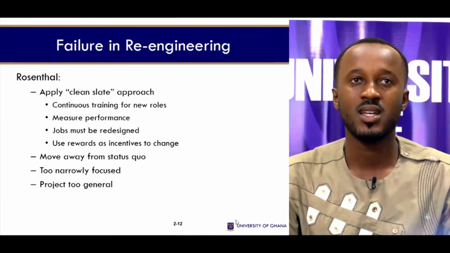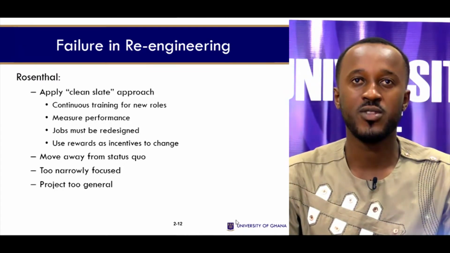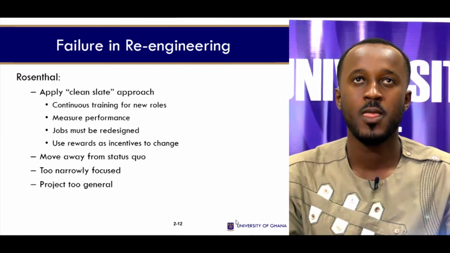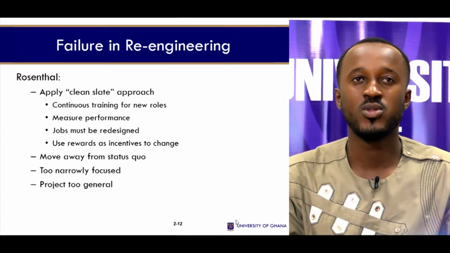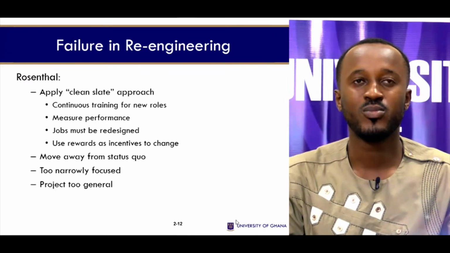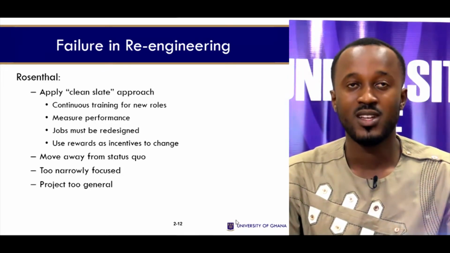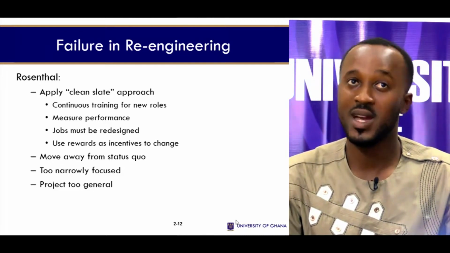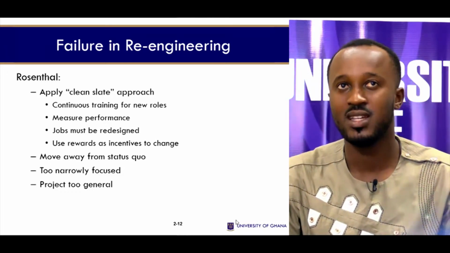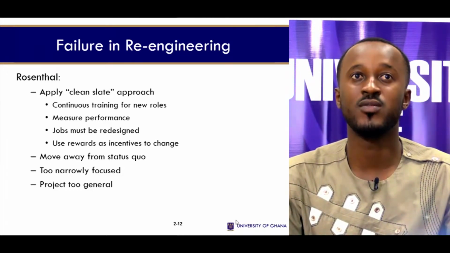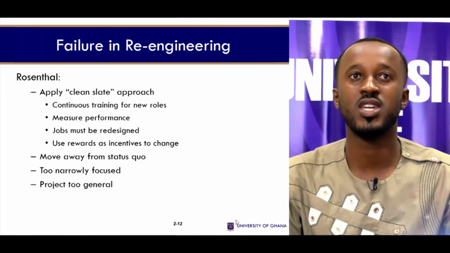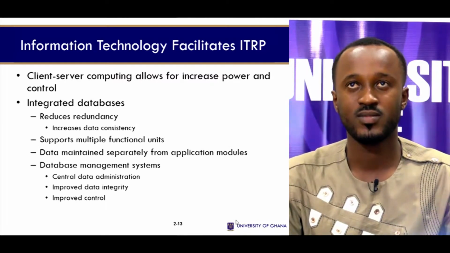Now, Rosenthal said that this helps to move away from the status quo, and it is too narrowly focused. If you don't re-engineer, you are always too narrowly focused, and your projects are too general, and it makes you move away from the status quo. By that, you are applying the clean slate approach, where you always have to measure performance, you always have to use rewards as incentives to change, and so on and so forth.